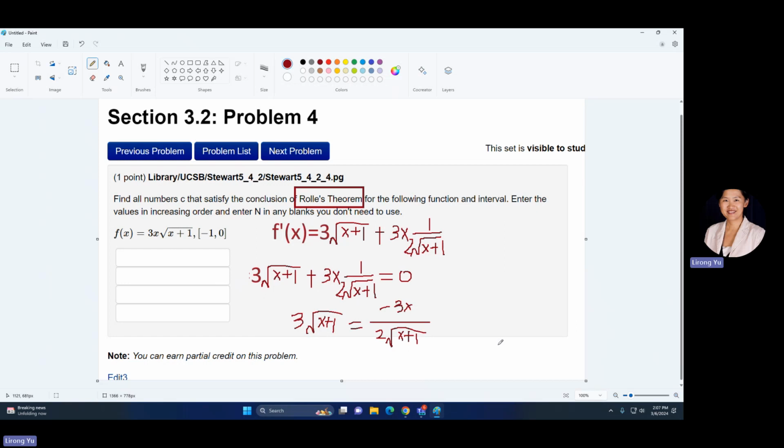And then, right, you can cross multiply, or you can call that multiplying both sides of the equation by the denominator.